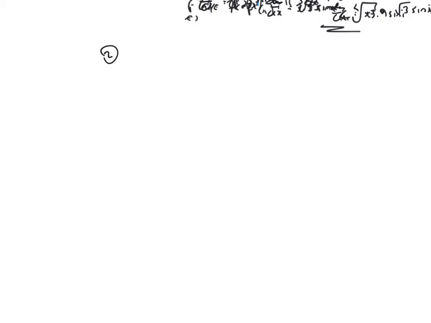So let's go for an example 2, where we're going to find the gradient of the tangent to the curve y equals sin x plus cos x at x equals pi over 4.